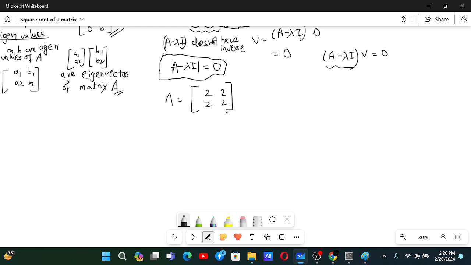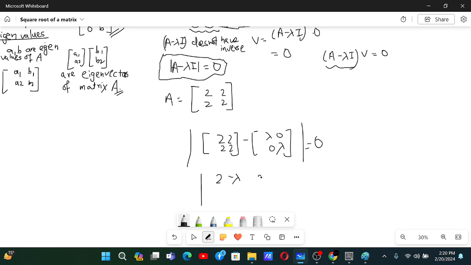Now what do we do? We find the determinant of A minus lambda I. That means the determinant of 2, 2, 2, 2 minus lambda times I, which is lambda, 0, 0, lambda, should be equal to 0. That means the determinant of 2 minus lambda, 2, 2, 2 minus lambda should be 0.